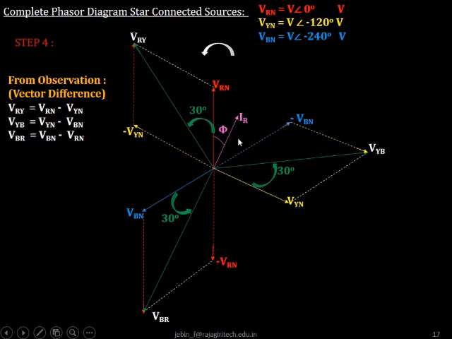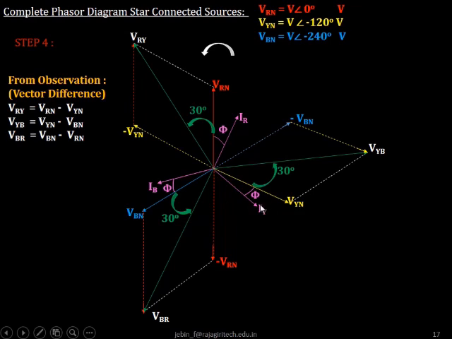Similarly, that will be the case with respect to IY and IB. From the figure you can see that all line currents are lagging the voltage by an angle phi. IR is lagging the voltage VRN by an angle phi. Similarly, I can say that VRN is leading the line current by an angle phi.